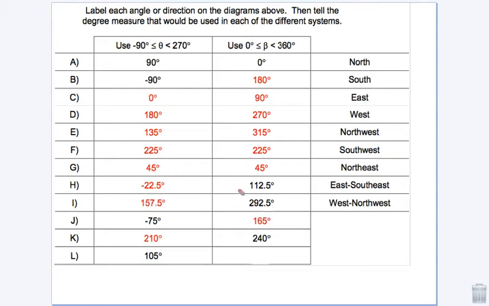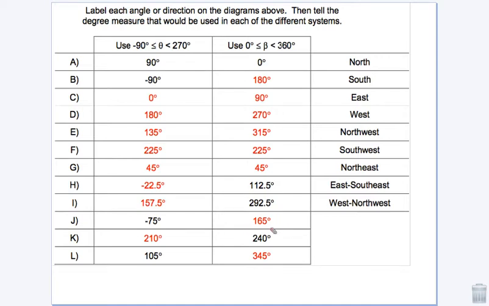Okay, and then do the same process for the rest. I would like you to go through them. West, northwest, halfway between northwest and west, you get 157.5 degrees. And then these two, I want you to look at your unit circle and your compass. Find negative 75 degrees on your unit circle. Figure out what letter represents that.